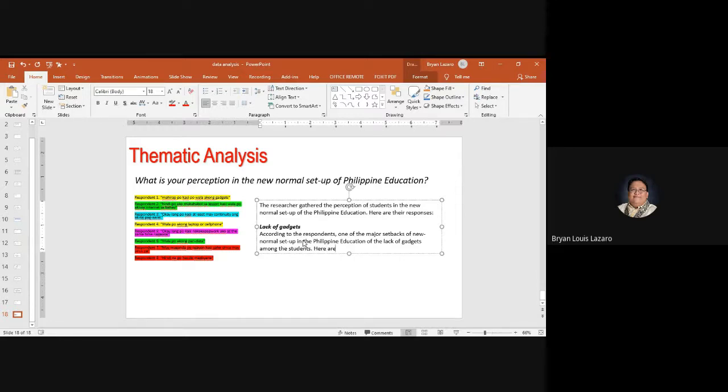Here are their responses. Ayun na. Tapos ito lalagay mo.